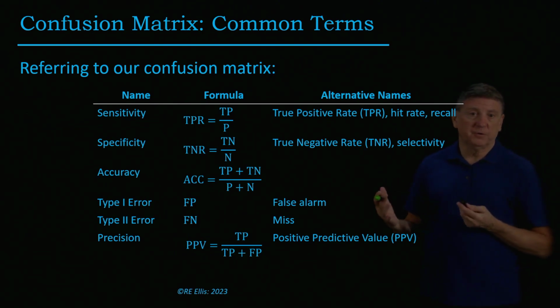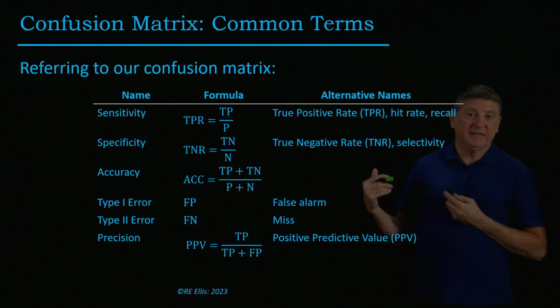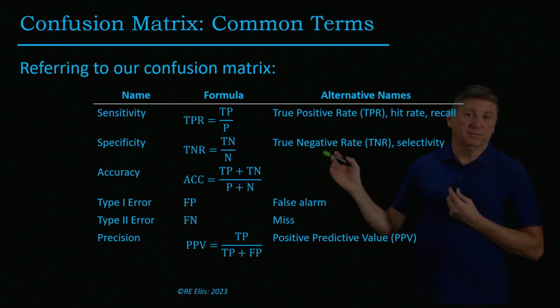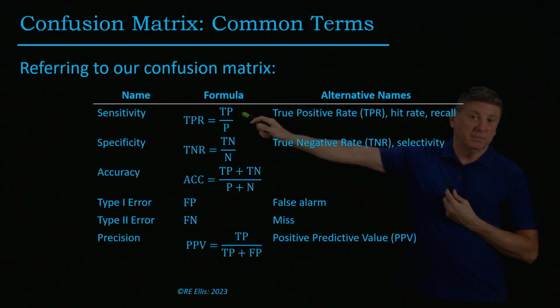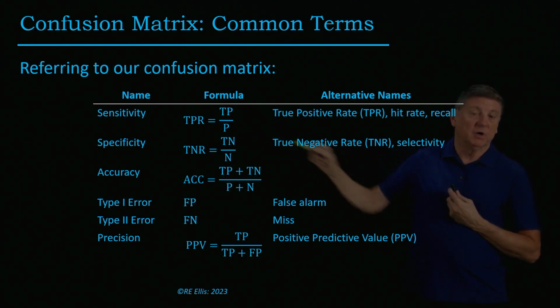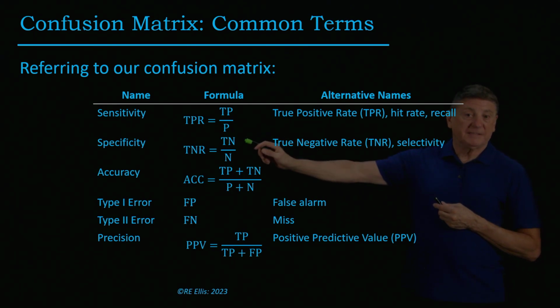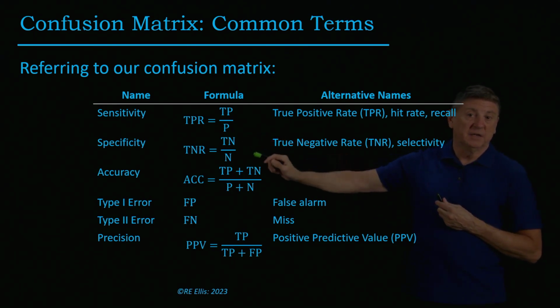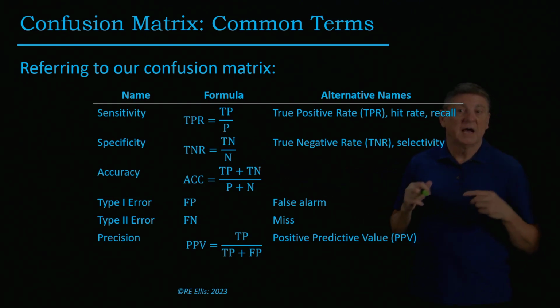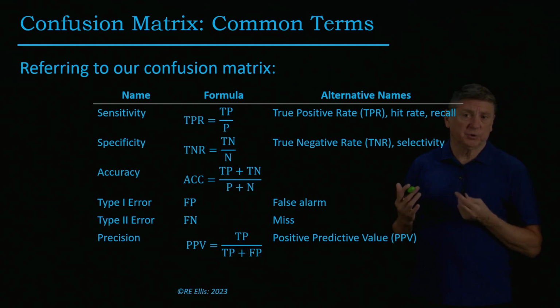Now, referring to our confusion matrix, these are key terms. The sensitivity is the true positive rate. So this is the true positive number divided by the positive number. That's a ratio, and that will vary between 0 and 1. The specificity is the true negative rate, so that's the number of true negatives divided by the total number of negatives. Again, that will be varying between 0 and 1.